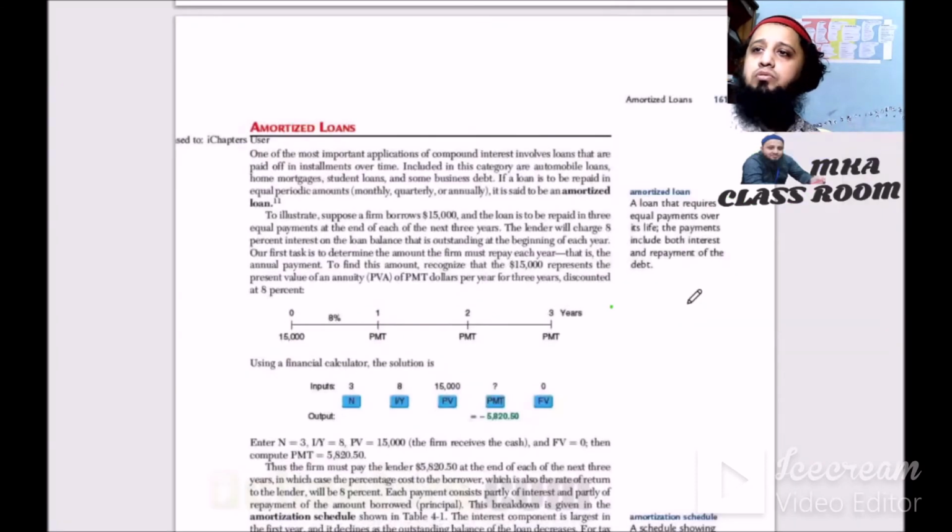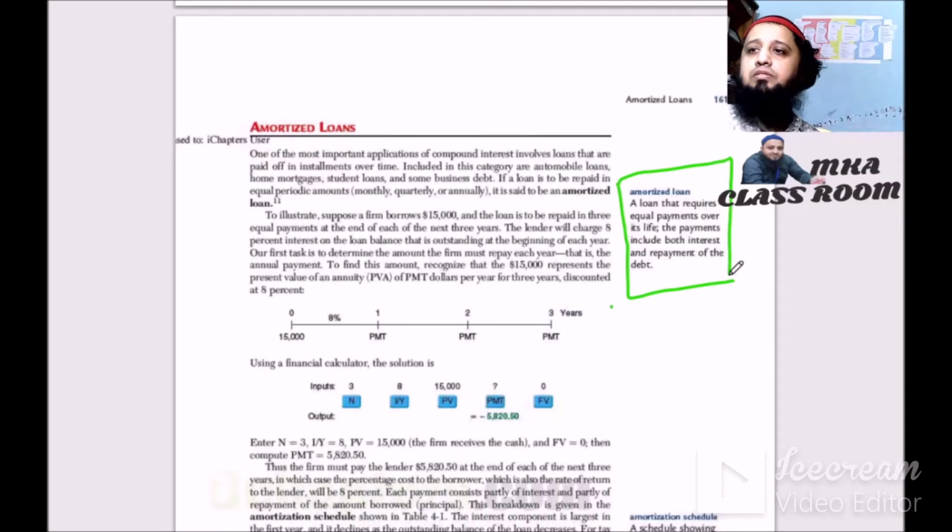So here you will see amortization loan: a loan that requires equal payments over its life. The payments include both interest and repayment of the debt.